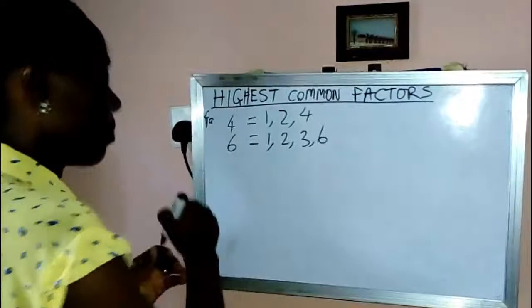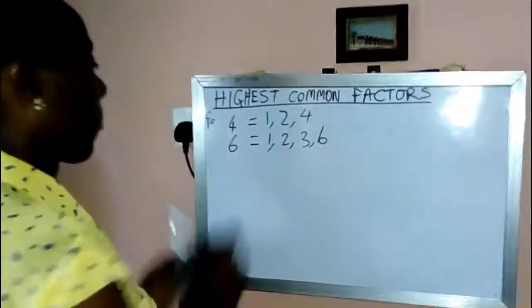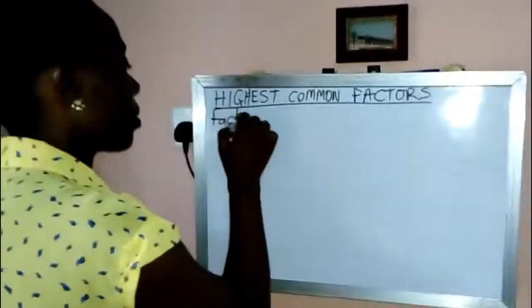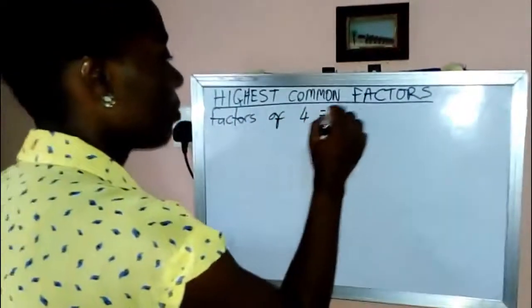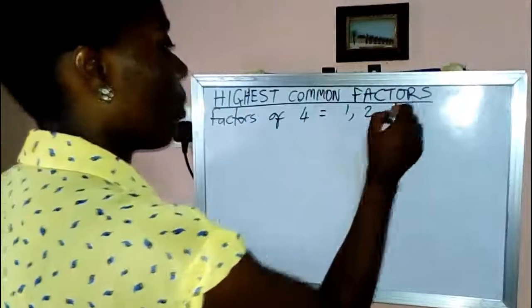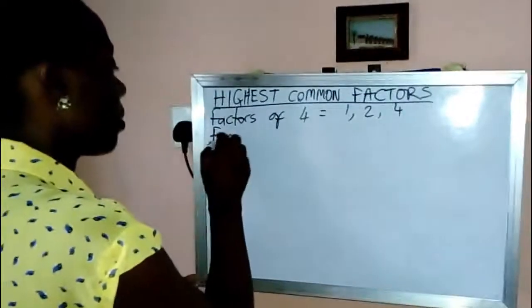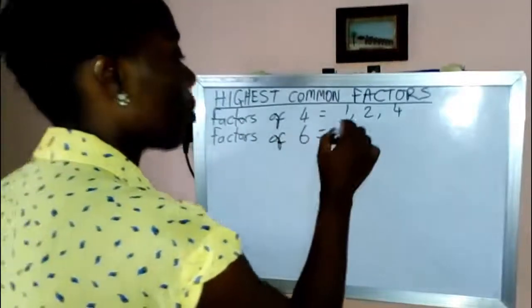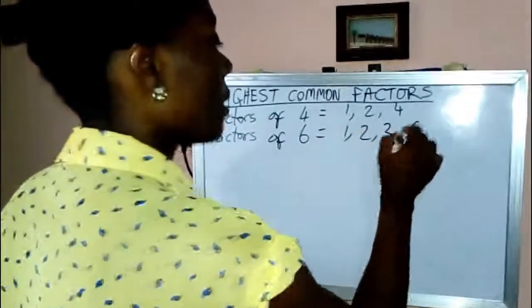Factors of 4: 1, 2, and 4, and factors of 6, we have 1, 2, 3, 6.